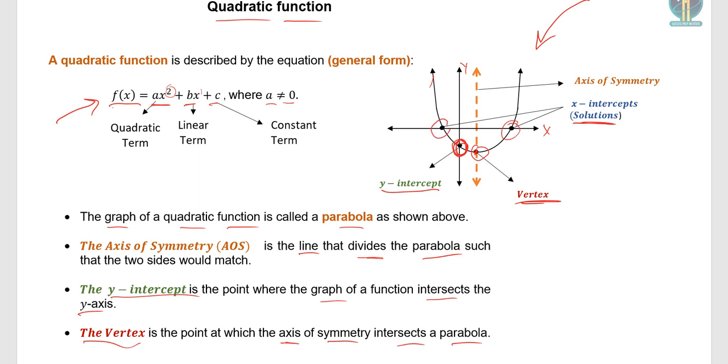These are the numbers when the y value of the function is equal to 0, so you're on the x-axis, and these are the solutions. These are where the function crosses the x-axis. These are the x-intercepts.